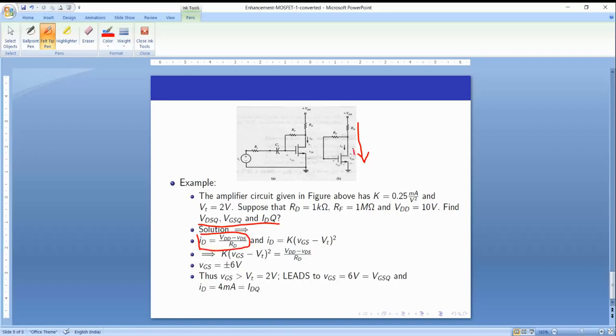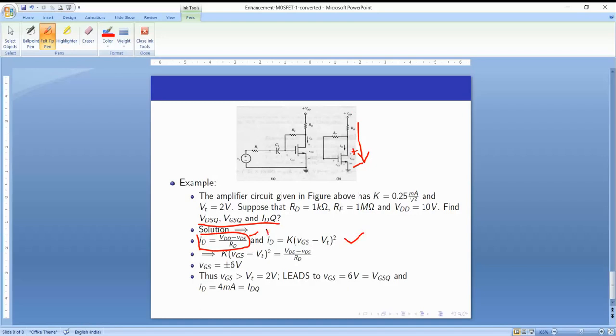You can even apply nodal analysis. IG is equal to 0, therefore (VDD minus VDS) by RD is equal to ID. So this is one equation for ID. For another equation, assume that the MOSFET is operating in the active region. The feedback amplifier guarantees that ID is equal to K into (VGS minus VT) whole square.